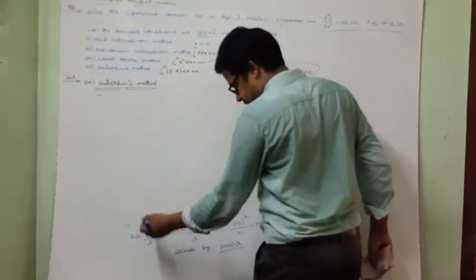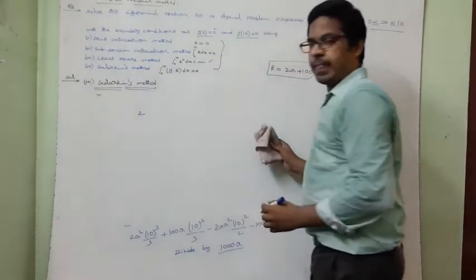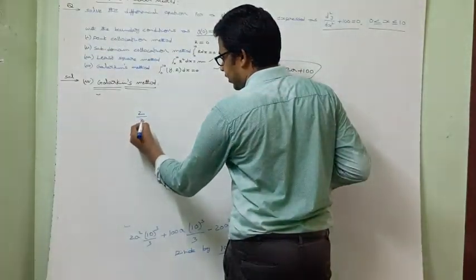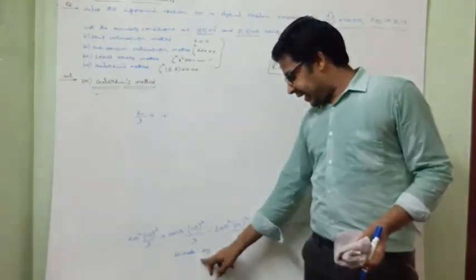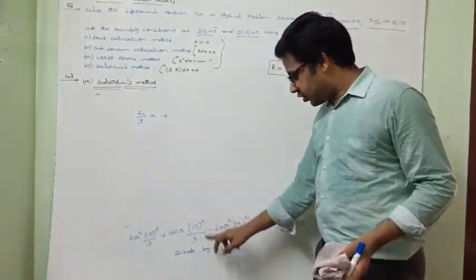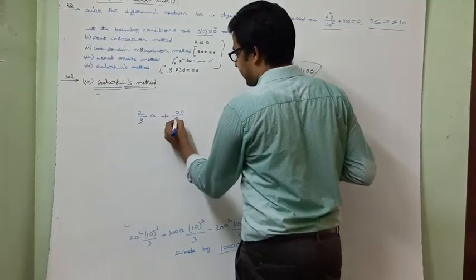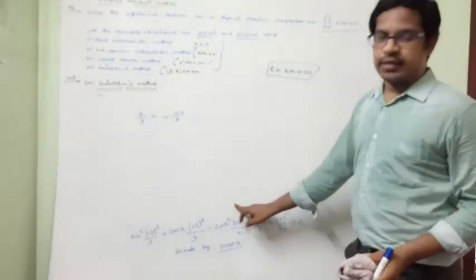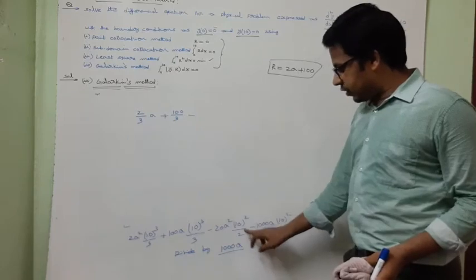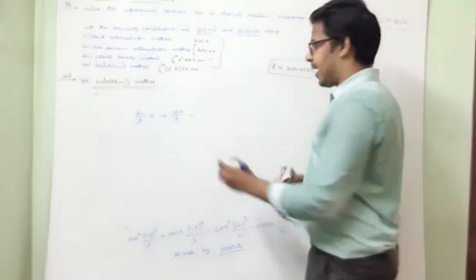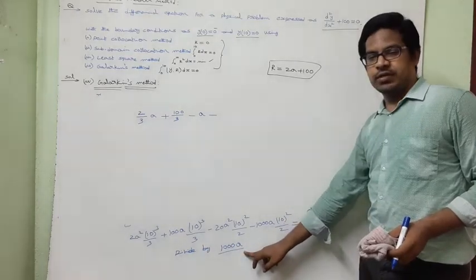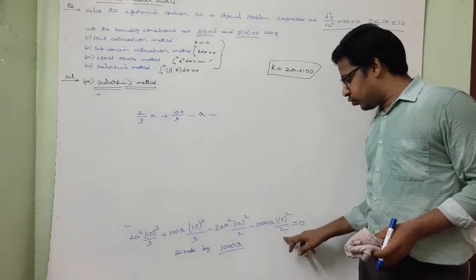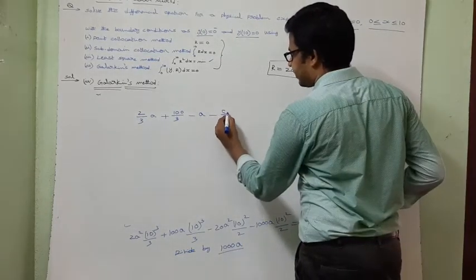So 2 by 3 into a, plus 1000a into 10 cube by 3 divided by 1000a gives 100 by 3, minus 20a square into 10 square by 2 divided by 1000a, that means minus a, minus 1000a into 10 square by 2 divided by 1000a, that is 100 by 2, that means 50. Minus 50 is equal to 0.